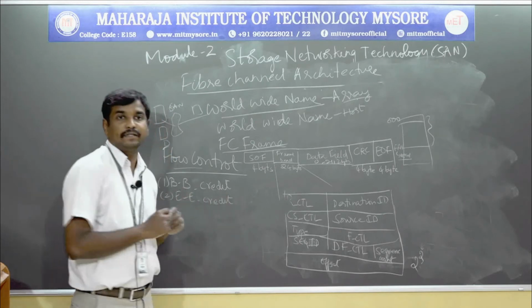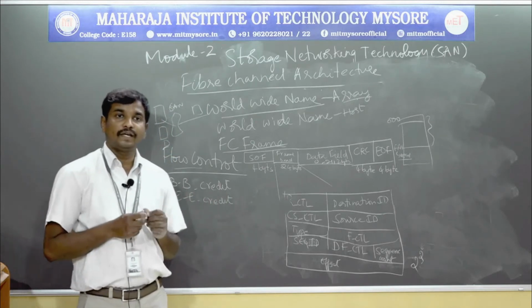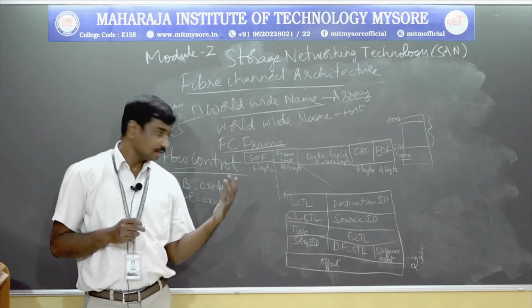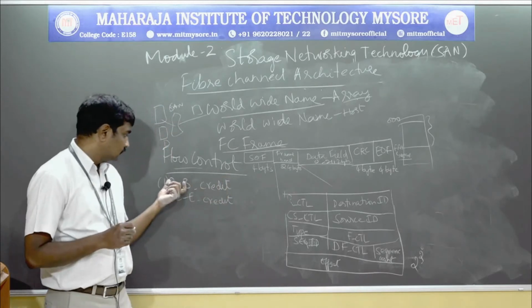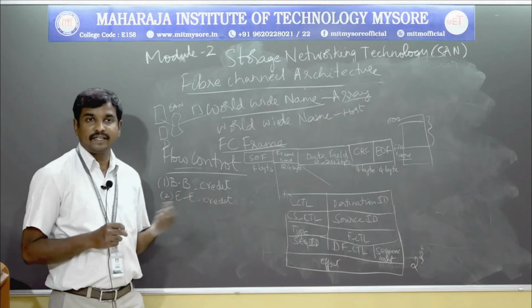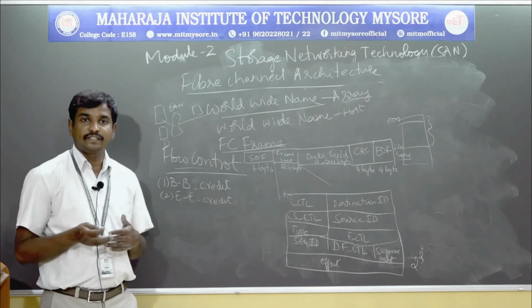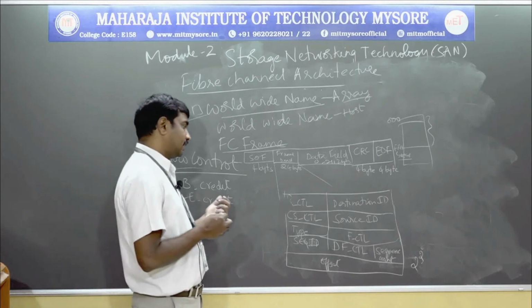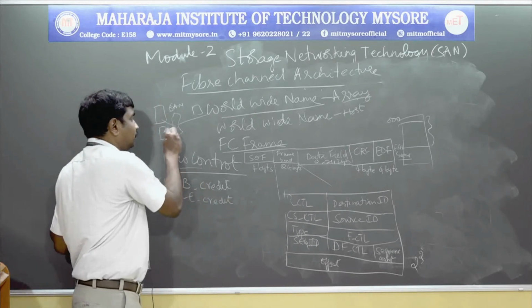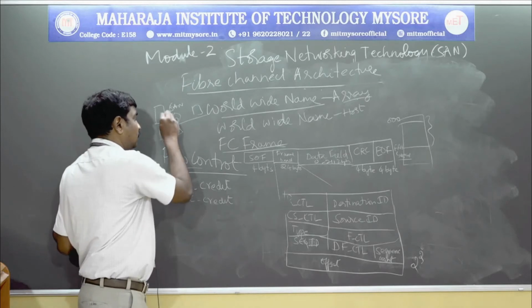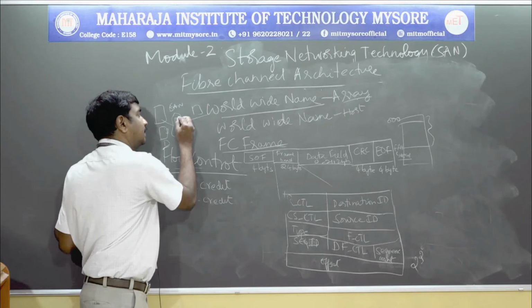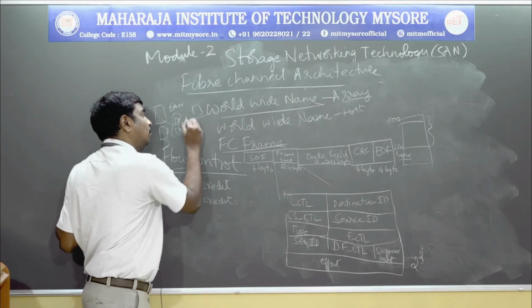In that method, we are using a similar approach to B2B credit, but it is an extension. Okay, it has an extra port login. Whenever we are communicating from one host machine to another host machine along with the switches, it is communicated along with some ports.